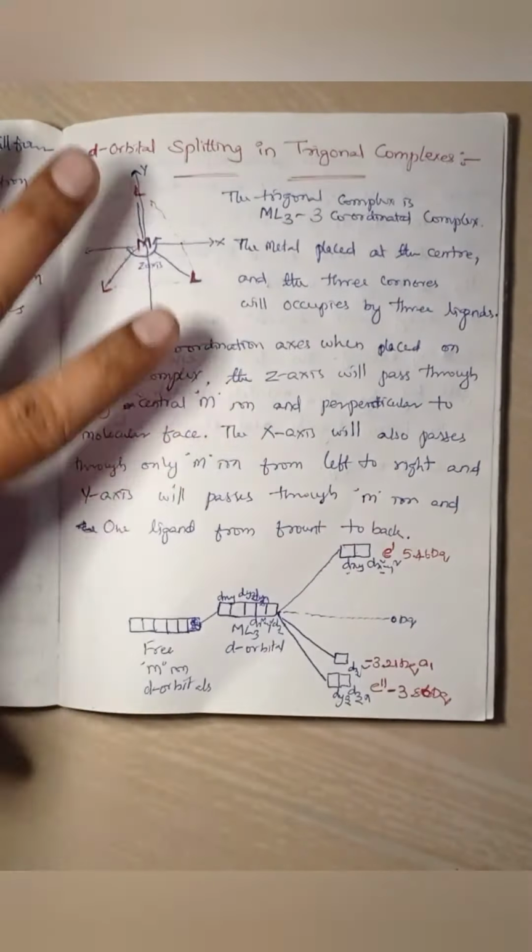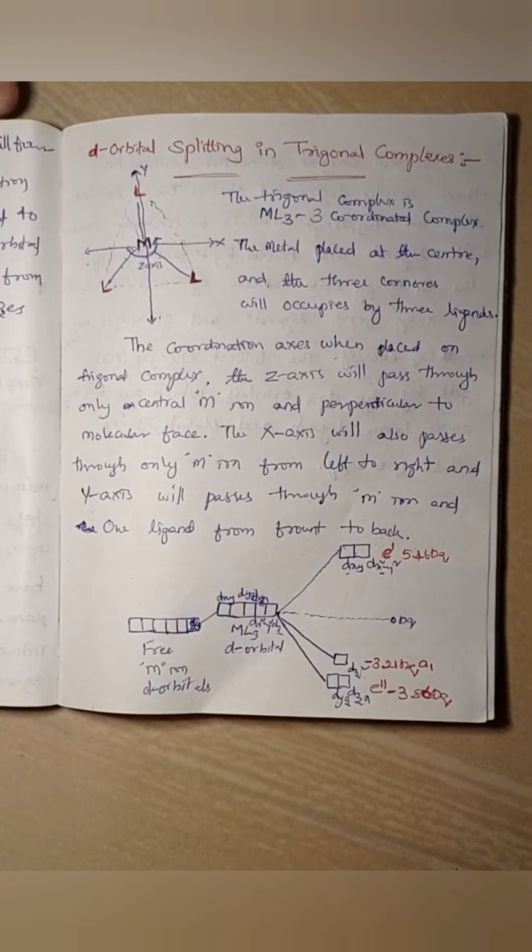Right. So this is how the three coordinate trigonal complex d orbital splitting works. So here I stop. I hope this gives you a perfect explanation and good knowledge about the splitting pattern in a trigonal complex.